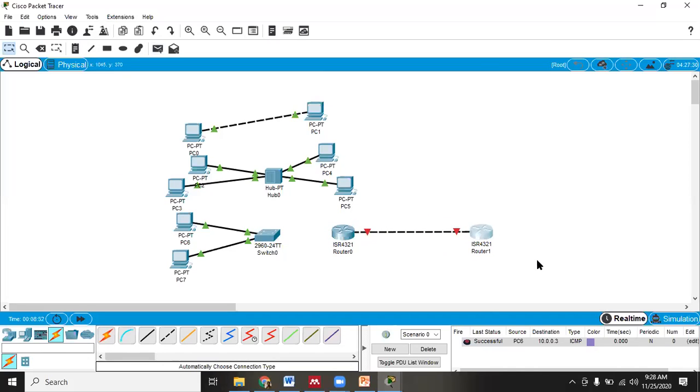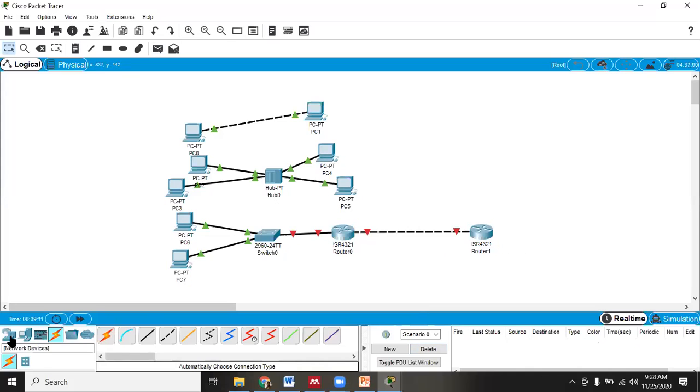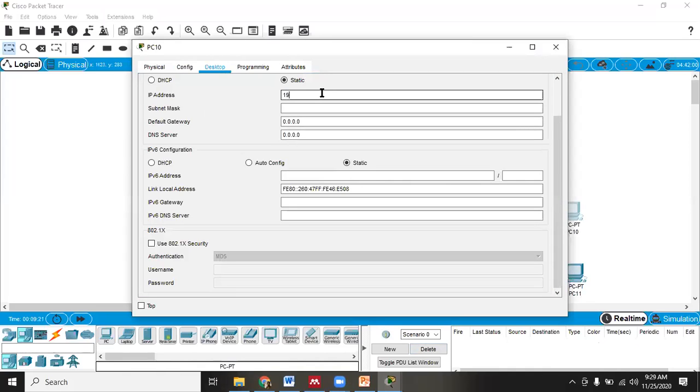So I'm going to demonstrate how a switch is a suitable device for us to communicate with a different network, right? On this side we have taken one network which is of class 10, and on the other side we will take another network which is of class C, that is 192.168 something, as you wish.